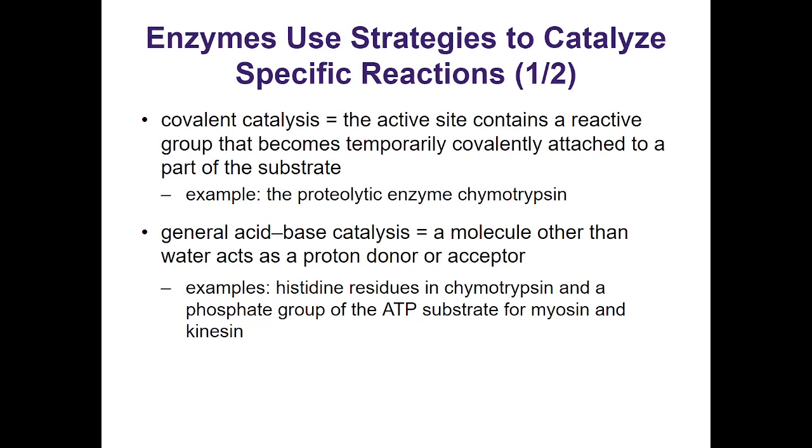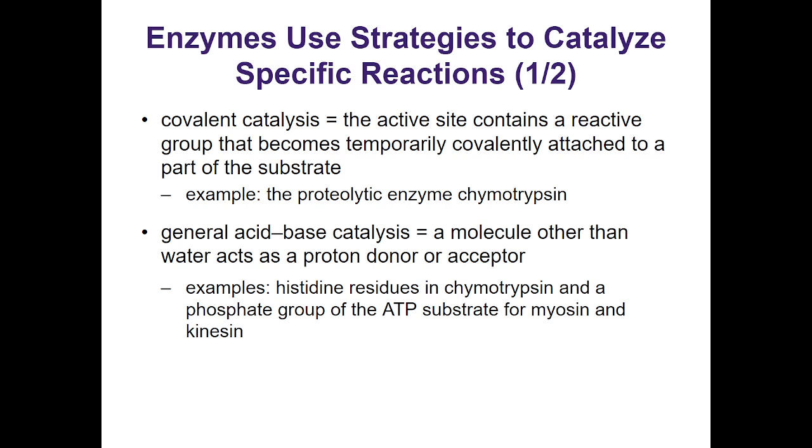Covalent catalysis is where the active site contains a reactive group that will become temporarily covalently bonded, attached, to part of the substrate. Okay. I had sidestepped this up to now because I didn't want to confuse the issue. But when you bind an enzyme with a substrate, there are two different types of interactions that can happen. There are covalent ones and non-covalent ones, okay?